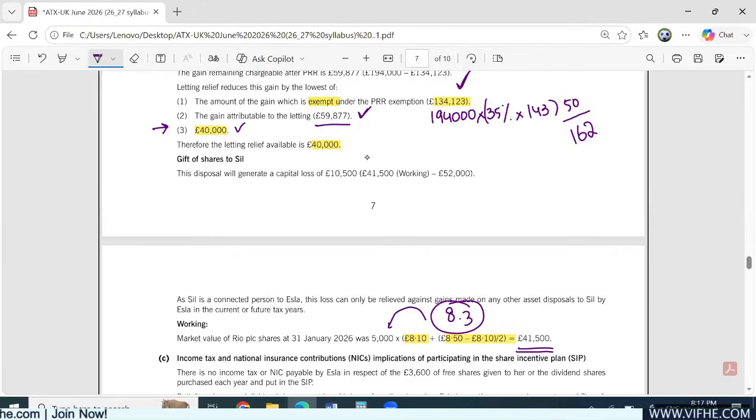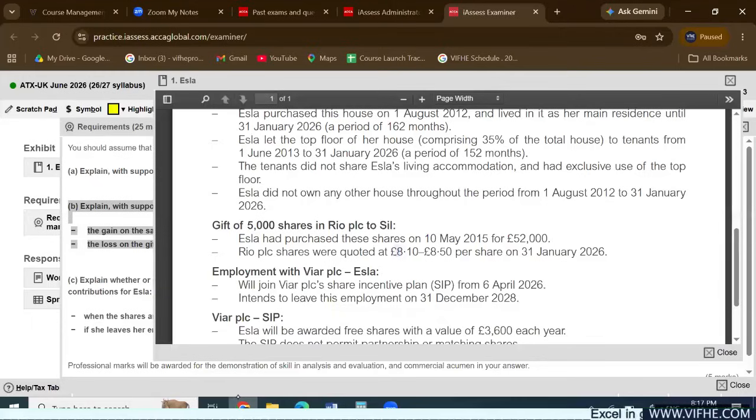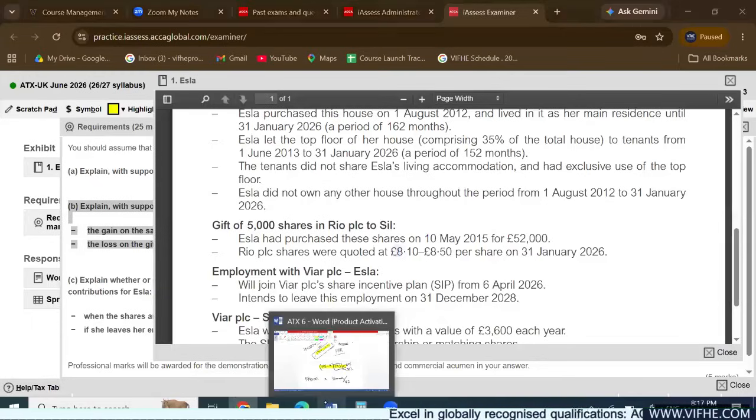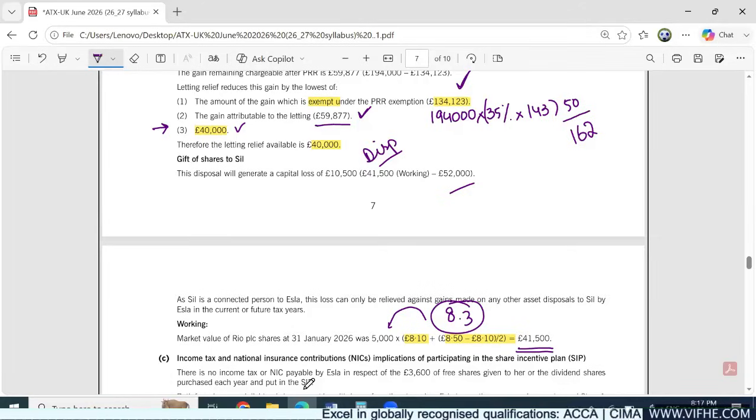This is to be treated as disposal proceed, against which we are going to deduct the cost. As you could see in the question, the shareholding was acquired for 52,000 pound. Then after deducting the cost, we get a negative figure. That's how we can say that the disposal has generated a loss of £10,500.